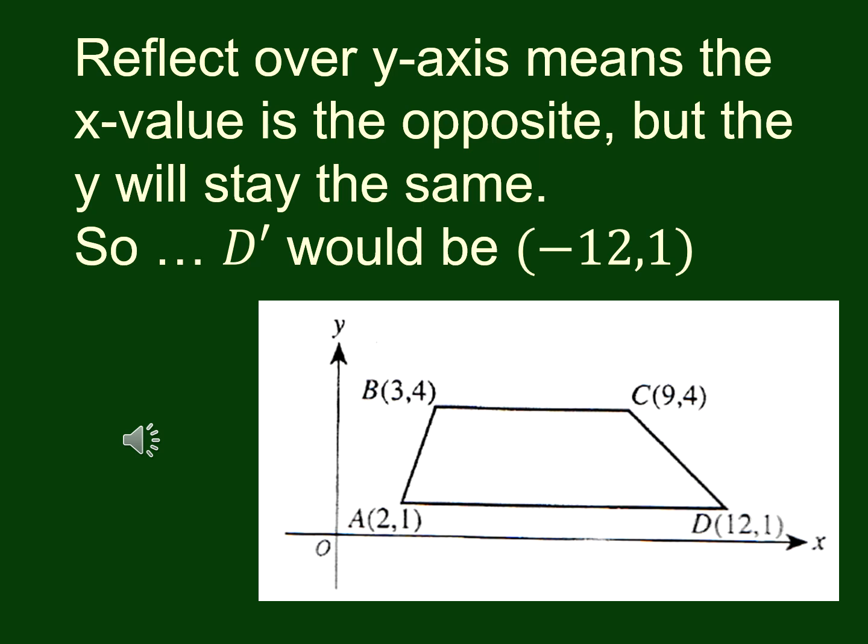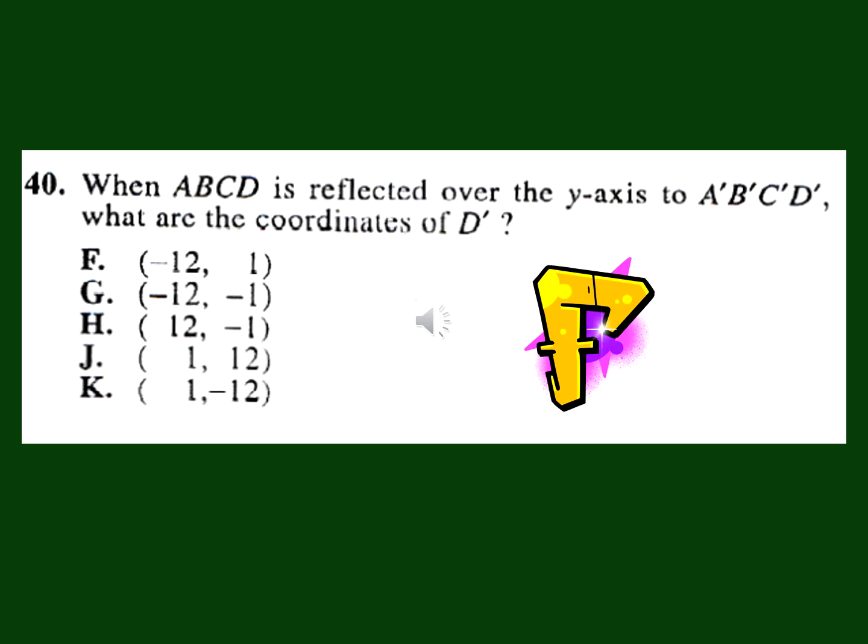So since D right now is 12, 1, the 1 stays the same, but the 12 is going to change to negative 12. And of the choices they have there, the right answer then has got to be negative 12, 1, and that ends up being F.